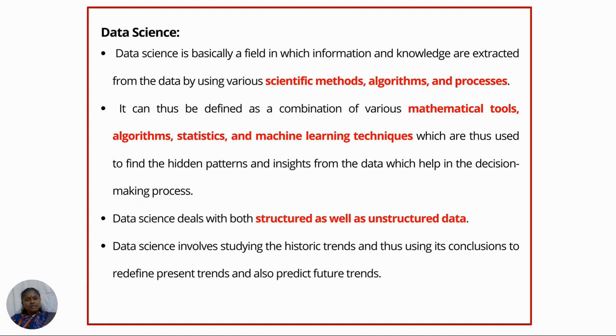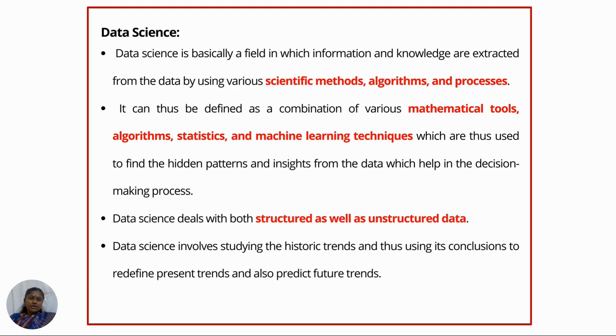What do you mean by data science? Data science is basically a field of information or knowledge that is extracted from data by using various scientific methods and algorithms. There will be some processes. Thus, we can define it as a combination of various mathematical tools, algorithms, statistics, and machine learning techniques.